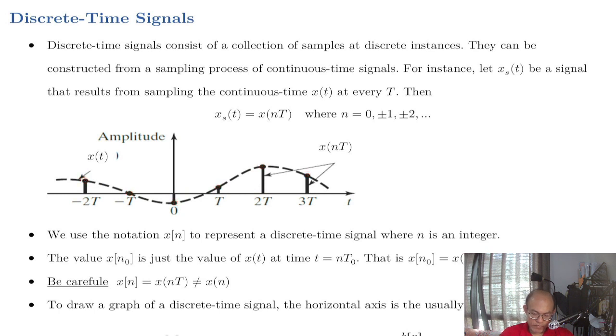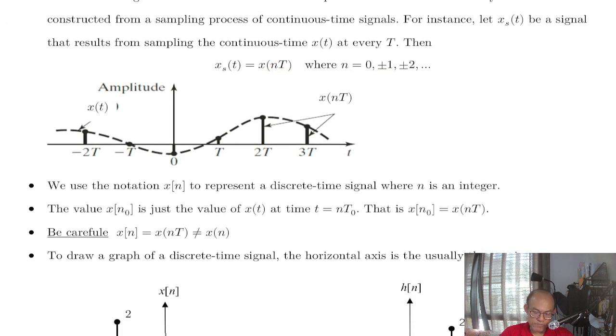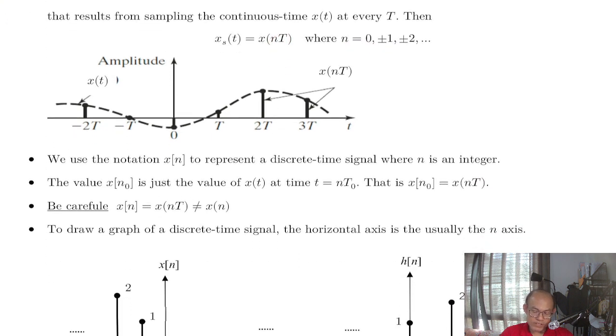And we represent x of sT, which is just the sampled version of the signal x of t, and it's just the value of the signal x at the time nT, where n is an integer. Now we are interested in only these samples, the values of these samples.